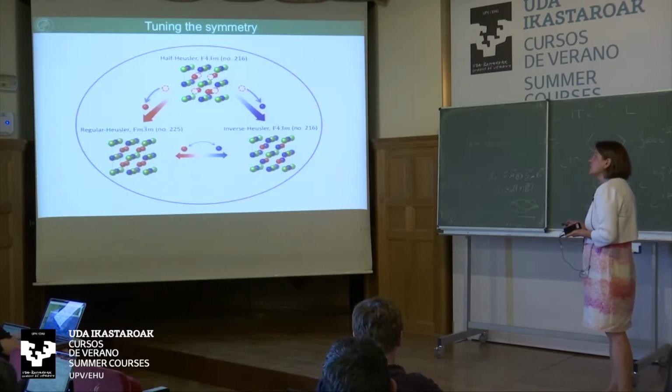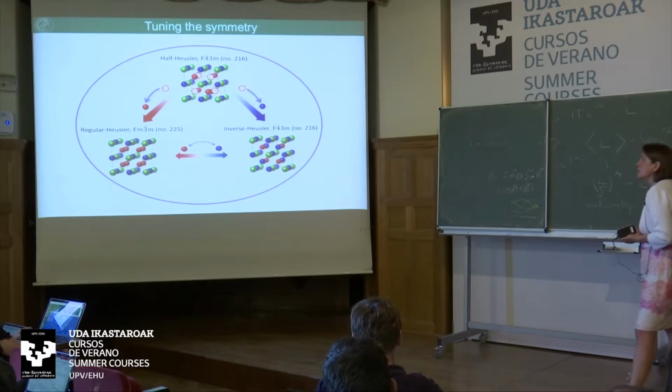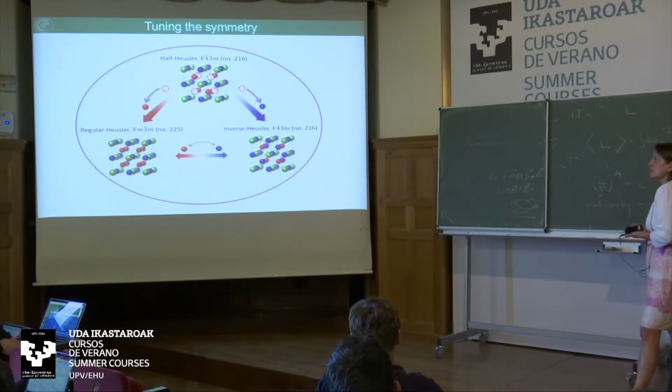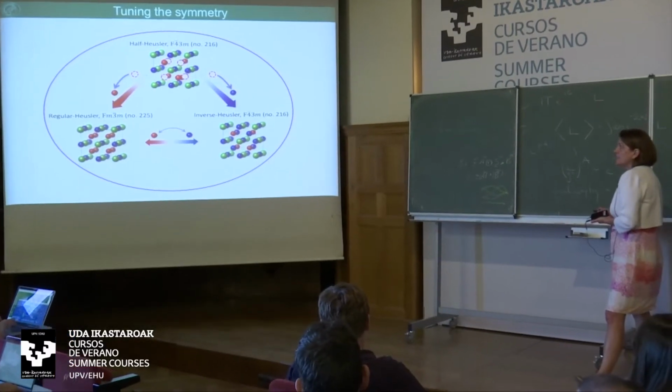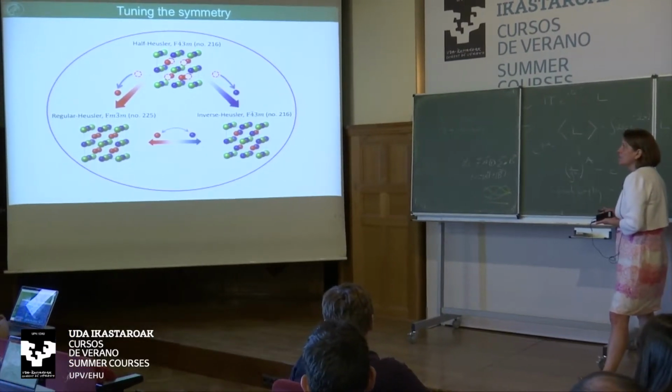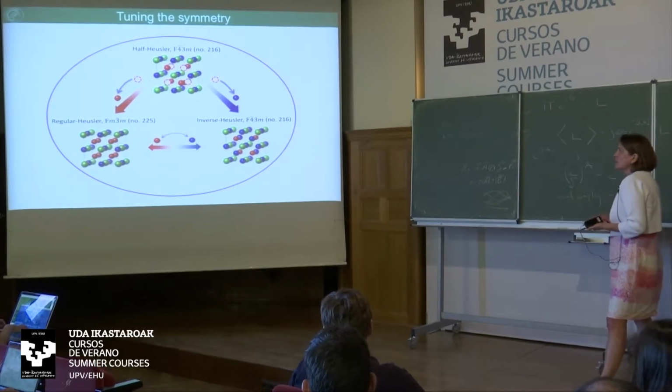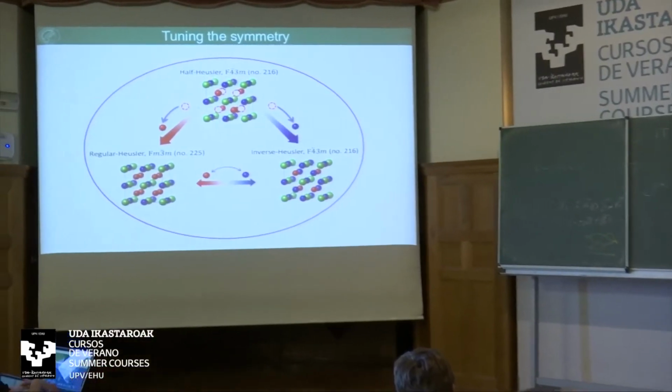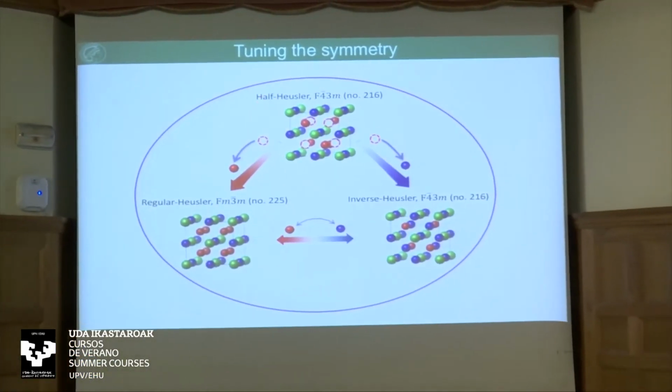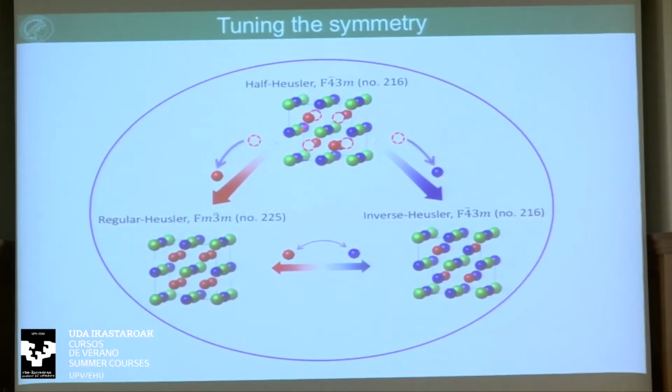So this is intrinsic in magnetic Heusler compounds, and we are interested in this class of materials because it is so nicely tunable. As I said, the half Heuslers are a little bit like stuffed zinc blende, like mercury telluride, but you can also fill the other tetrahedral site.